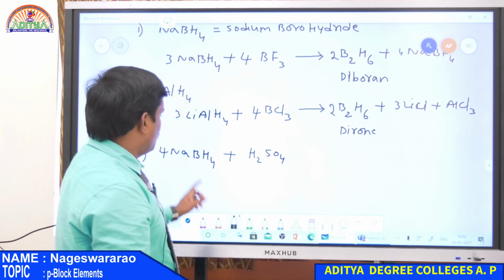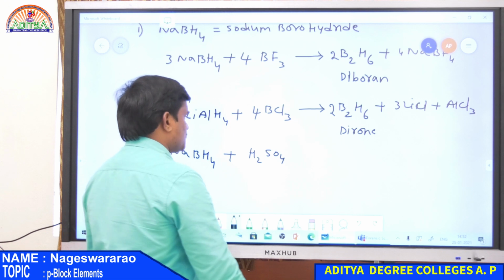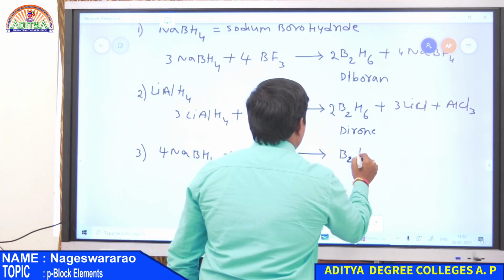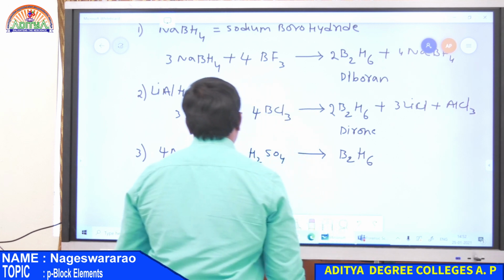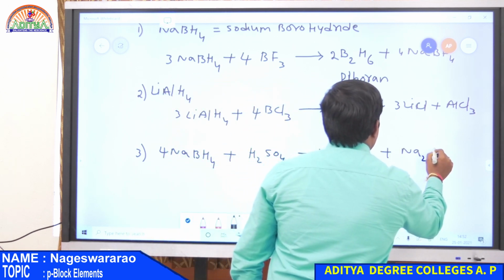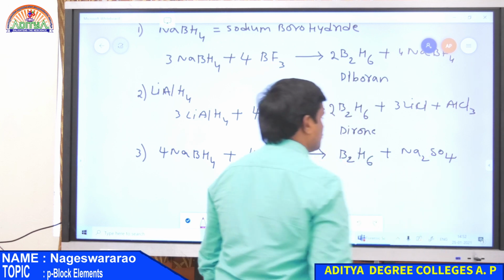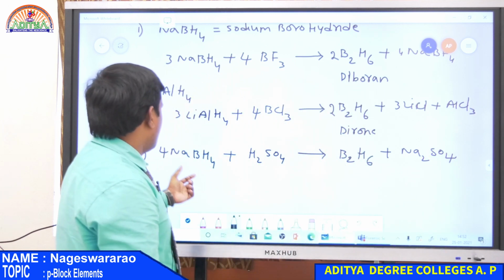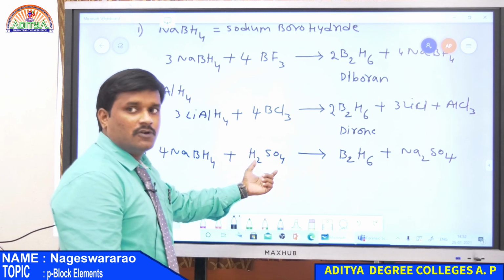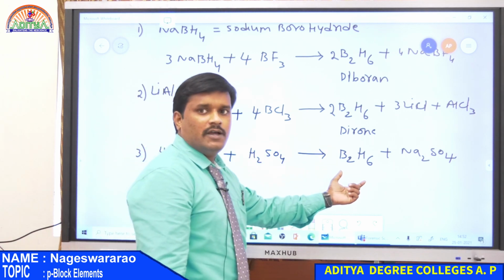Reaction of sodium borohydride with H2SO4 gives diborane, B2H6, and also Na2SO4. So whenever sodium borohydride is reacted with H2SO4, it gives B2H6.